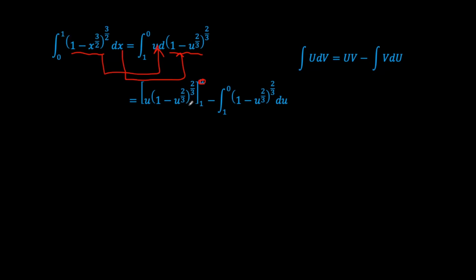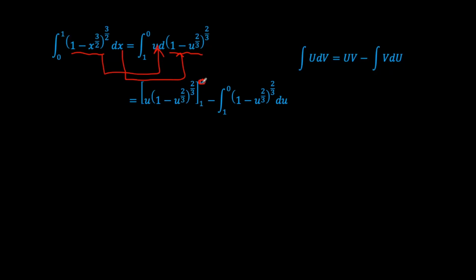Sorry, this is 0, this is not u. Minus the same integral from 1 to 0. And now, since our v is (1 minus u to the power 2 over 3) all to the power 2 over 3, and then du is our d small u, right?